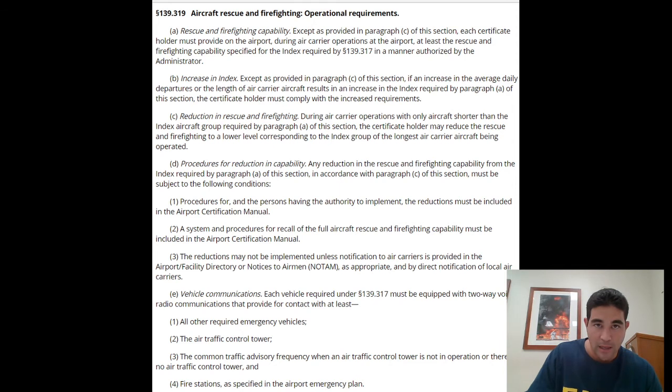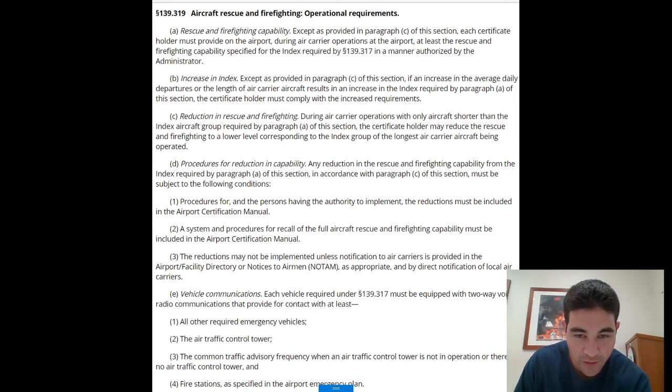If they're coming in and they're having issues, you can know exactly when they're coming in and what their problem is. And then you also need contact with the fire station, and that's all specified in the airport emergency plan. So those 4 things could be in a test as well. Interviews, if you're a firefighter going to driver, they could ask you all these questions. This is all fair game.